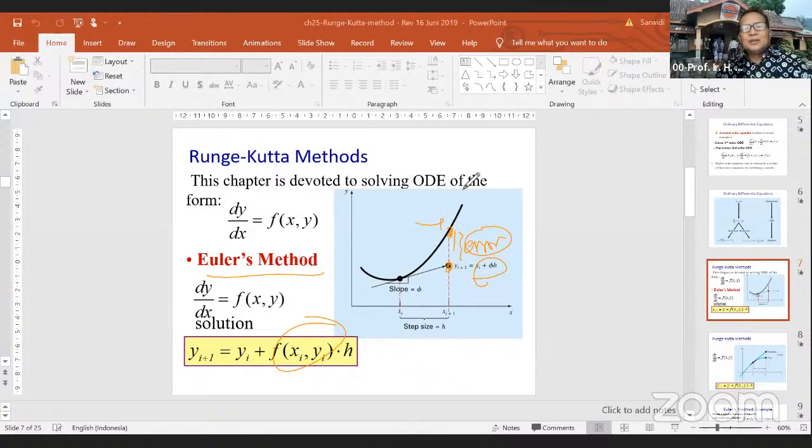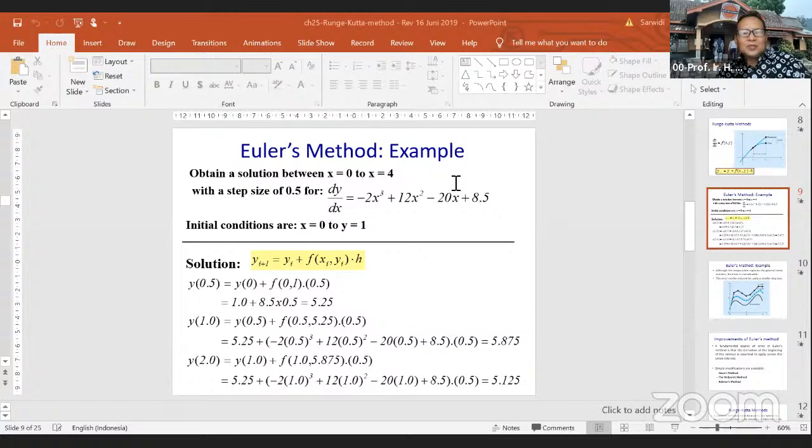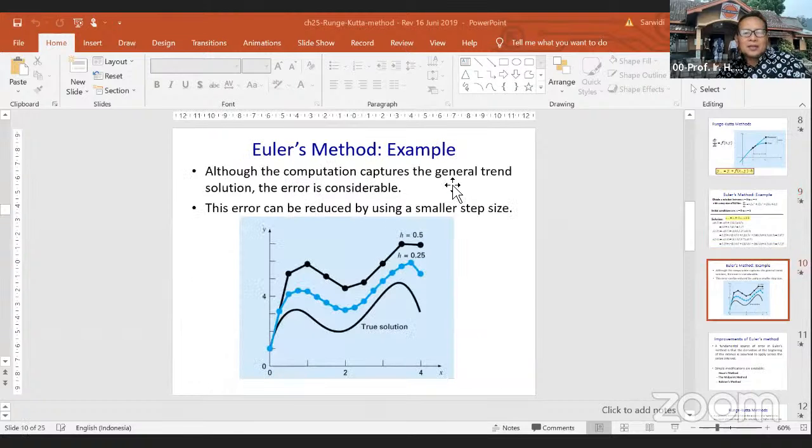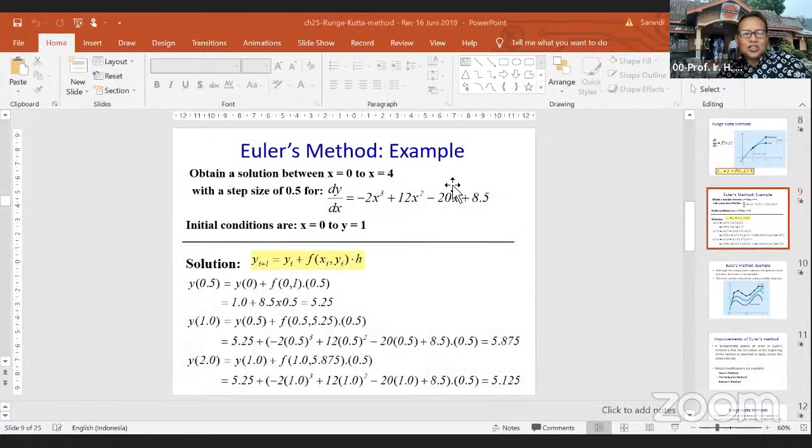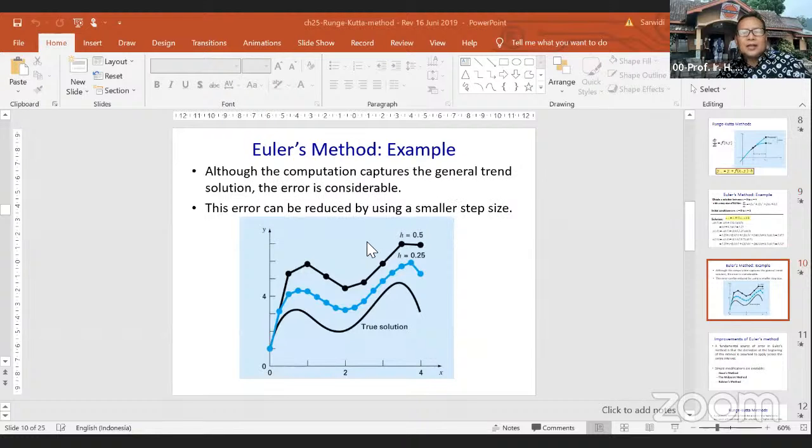If the problem is linear or close to linear, it will be better, but as the non-linearity of the equation increases, the error of the solution becomes greater and greater. Next, for example, using the Euler method with different h, where h means delta x, the increment becomes smaller and smaller, closer to the true or exact solution.